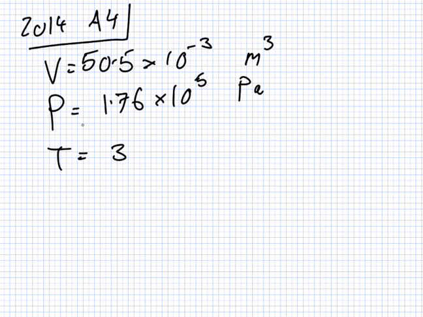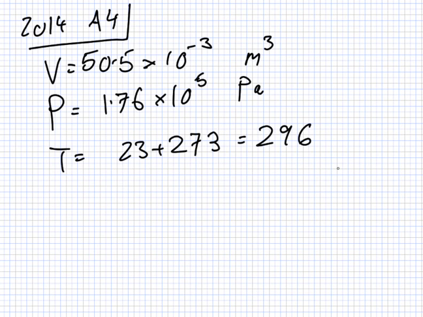Zero Celsius is how many Kelvin? 273. So it's 23 plus 273, which is 296. Oh, okay. 23 plus 273.